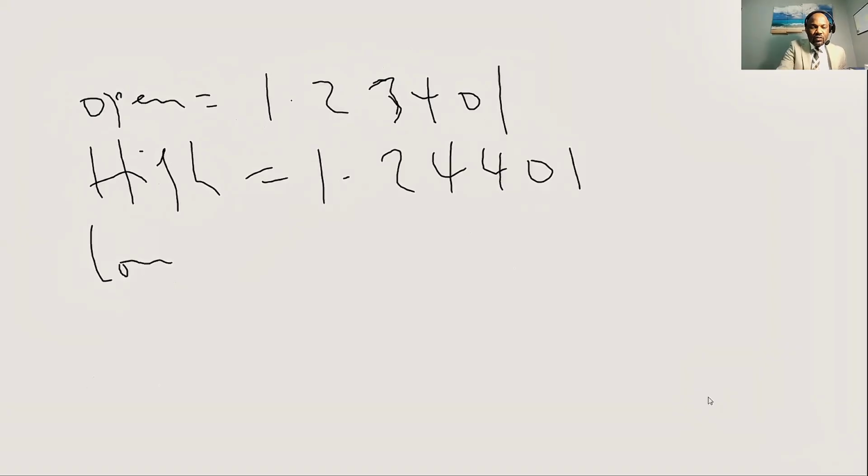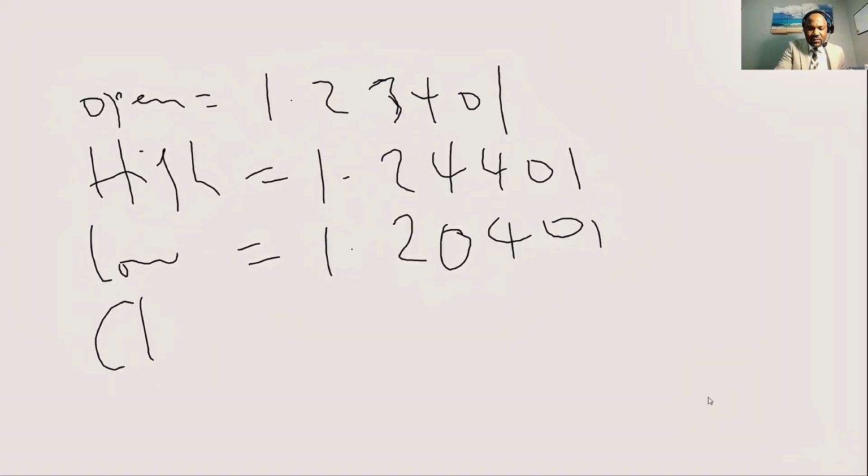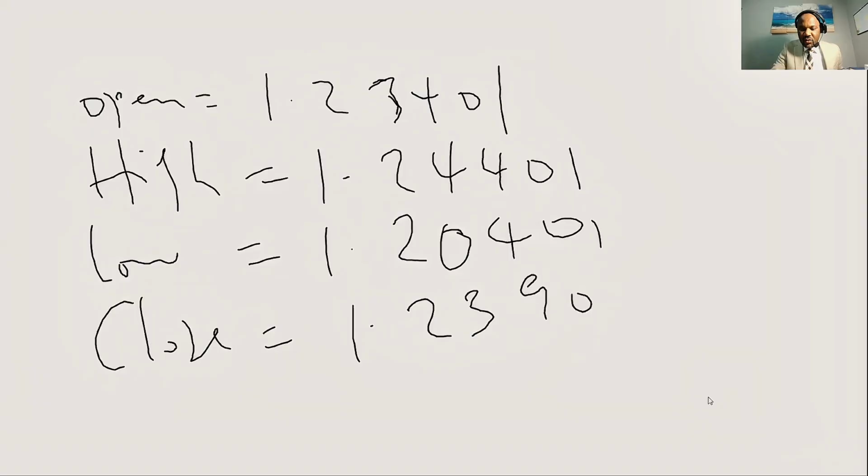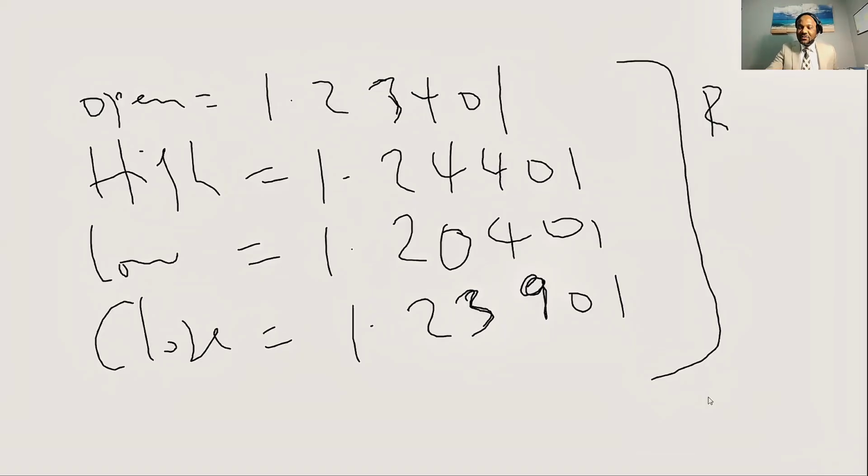It went low to 1.20401 and the candle closed at 1.23901. This is the kind of question I said. You see, it's very tricky, but you can get it. So tell me what type of candle is this? Is it a bullish candle or is it a bearish candle?